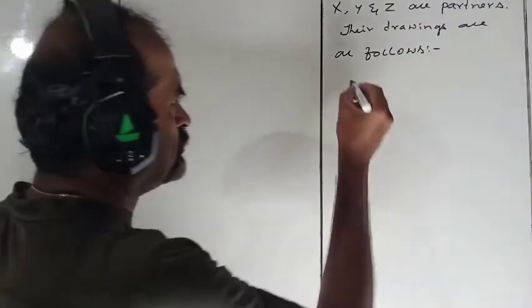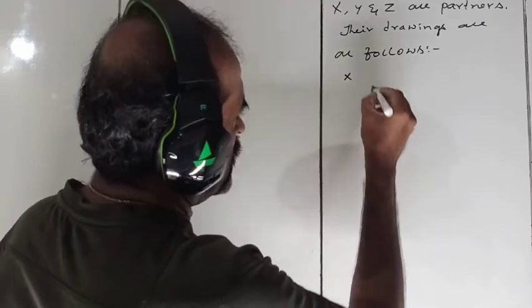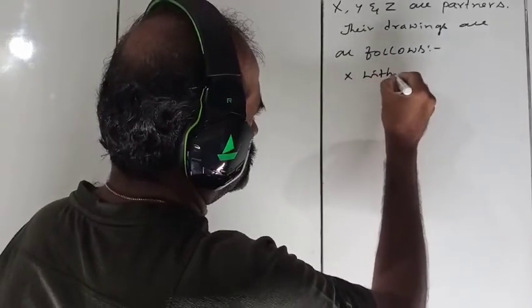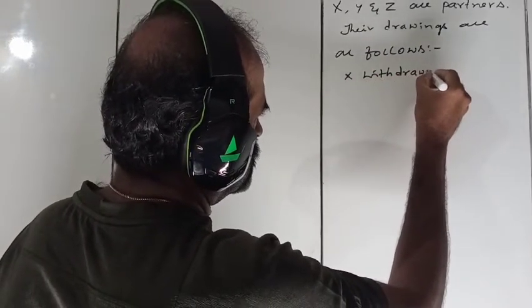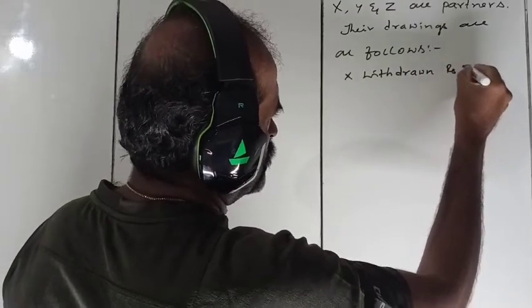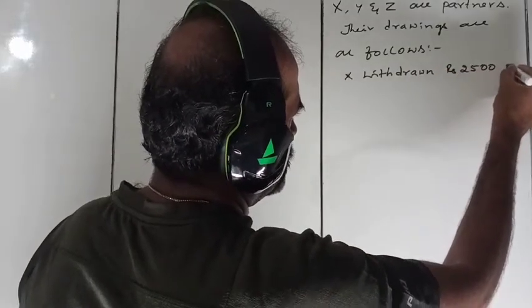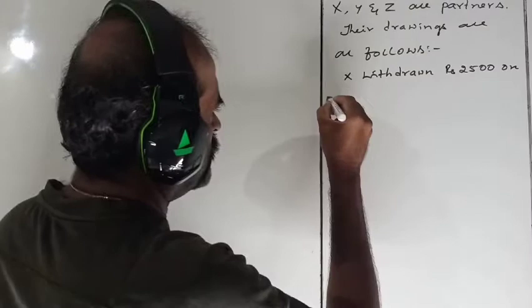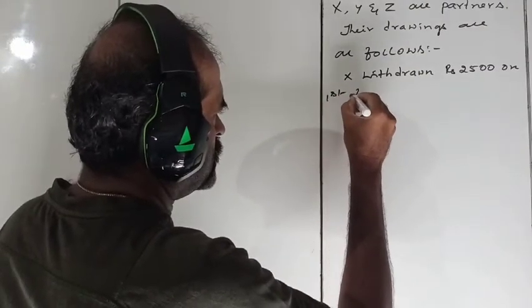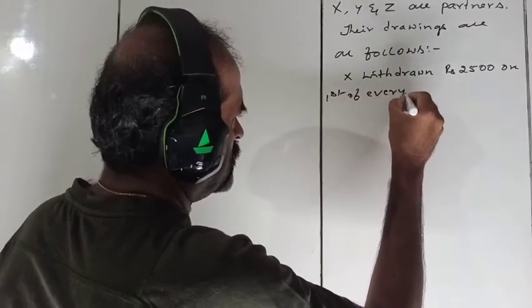Under that, X withdrew rupees 2500 on the first of every month.